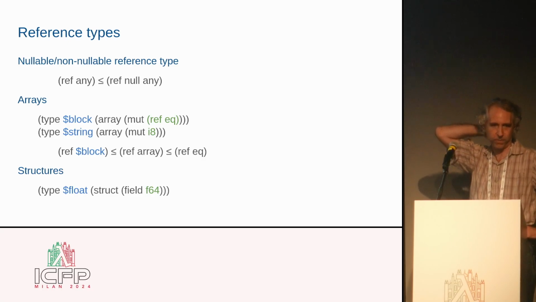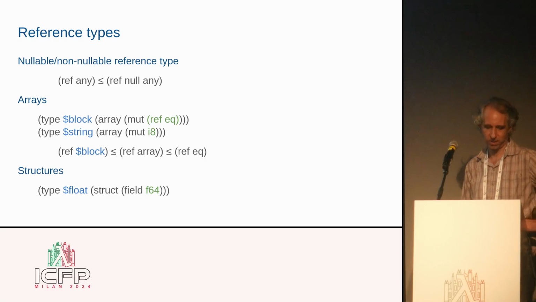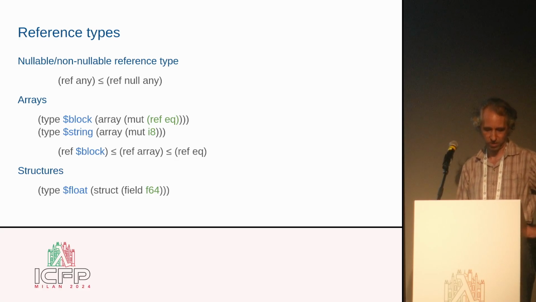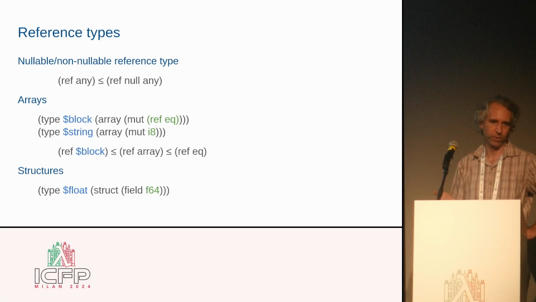And you can specify arrays using type definitions. Here, block is a mutable array containing values of type ref eq, and string is an array of bytes. Similarly, you can define structs by specifying their fields. So a boxed float is going to be a structure with a single field that contains an unboxed value.